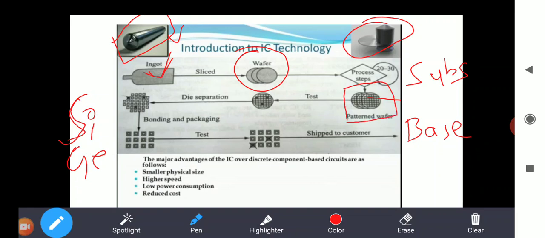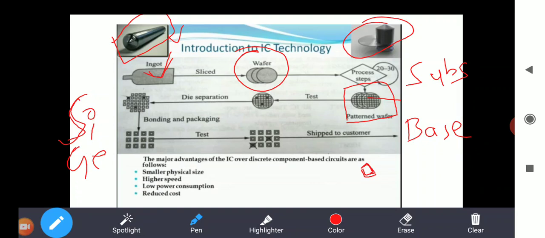Patterns means very small patterns are used here. Using that small die size, patterns are applied and they can be tested. After the patterns are formed, these dies are formed.